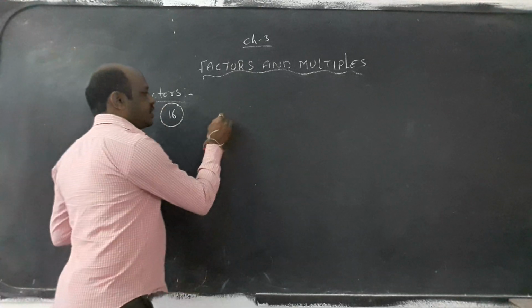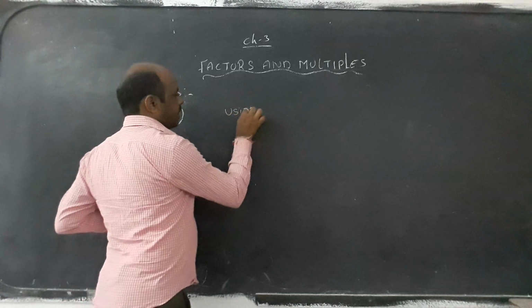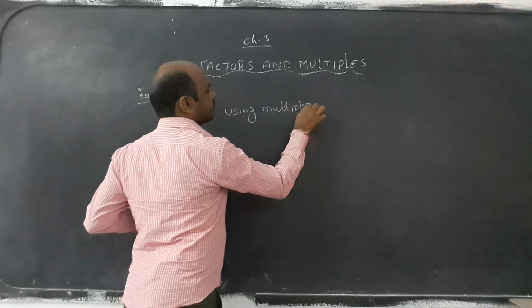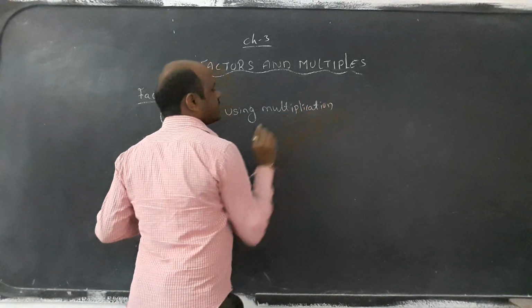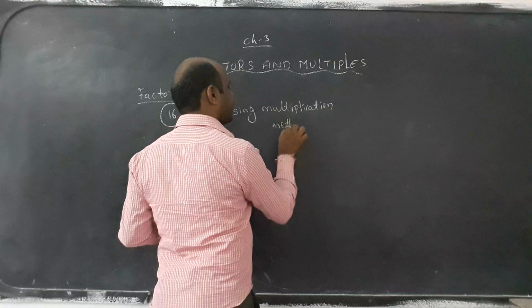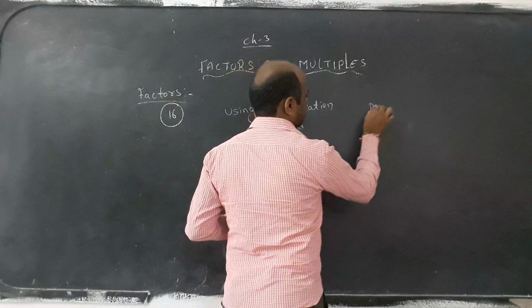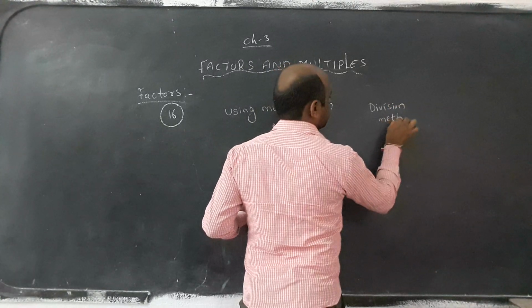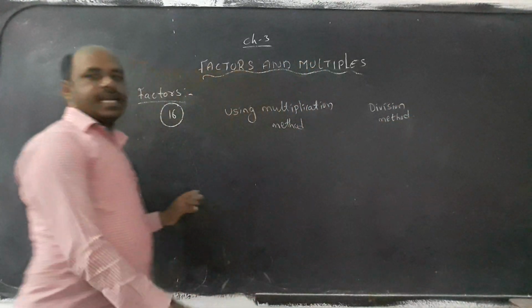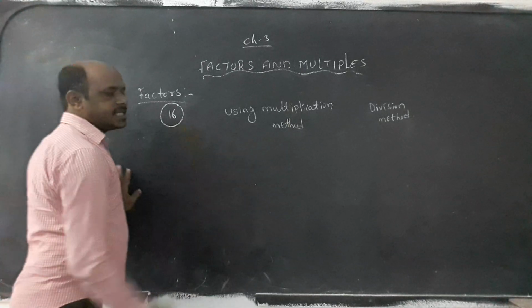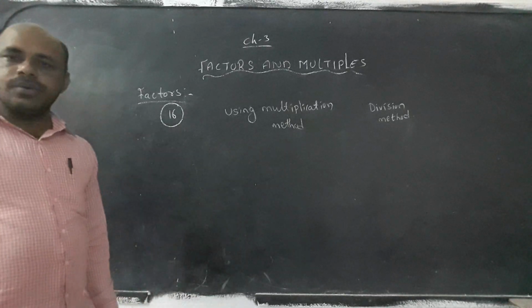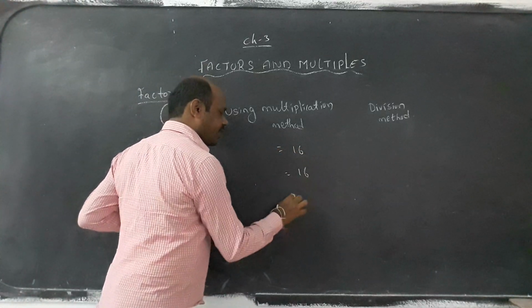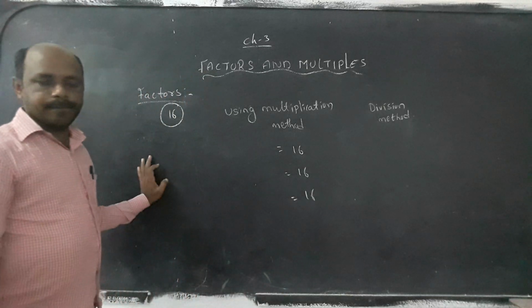We can use the multiplication method and the division method I mentioned. Multiplication method means the product should compulsorily be 16.